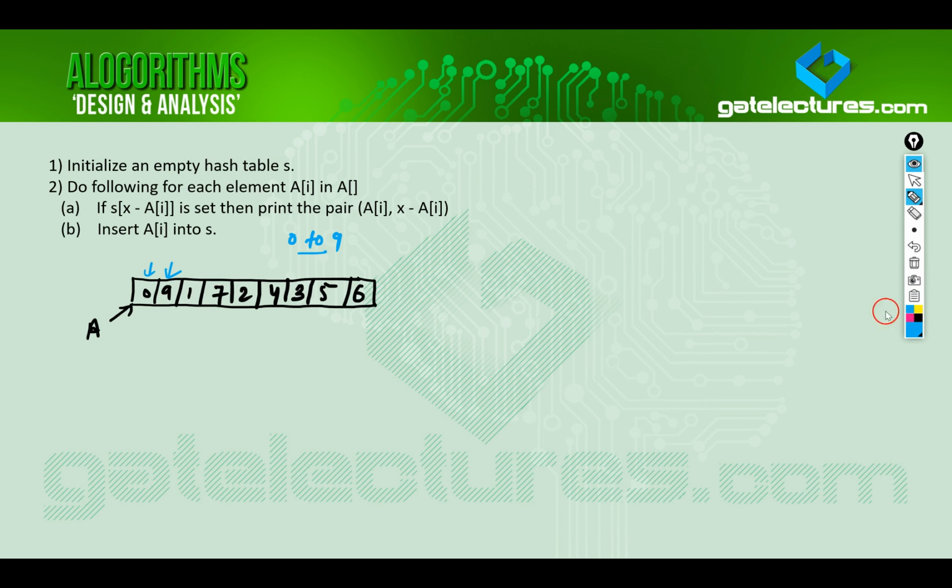Now because these numbers are between 0 and 9, we are going to create a hash table here. This is the hash table, and I'm doing this just to explain how we are going to solve this problem using it. We can assume much bigger numbers, but I'm trying to take the simplest way to show you how this algorithm works.